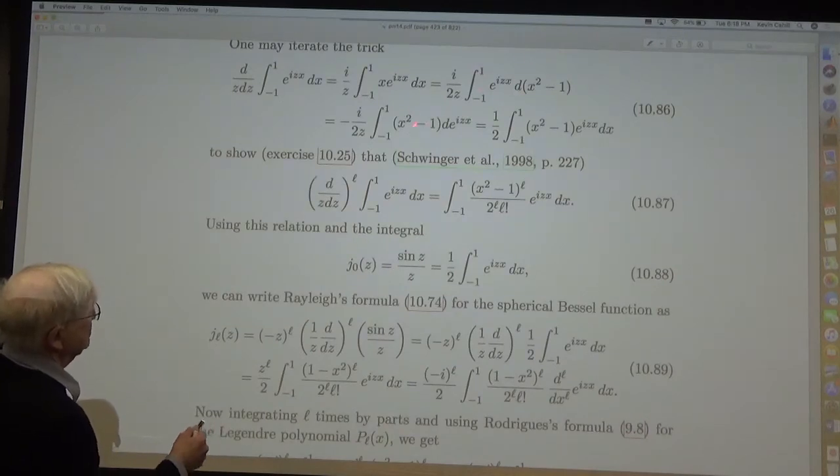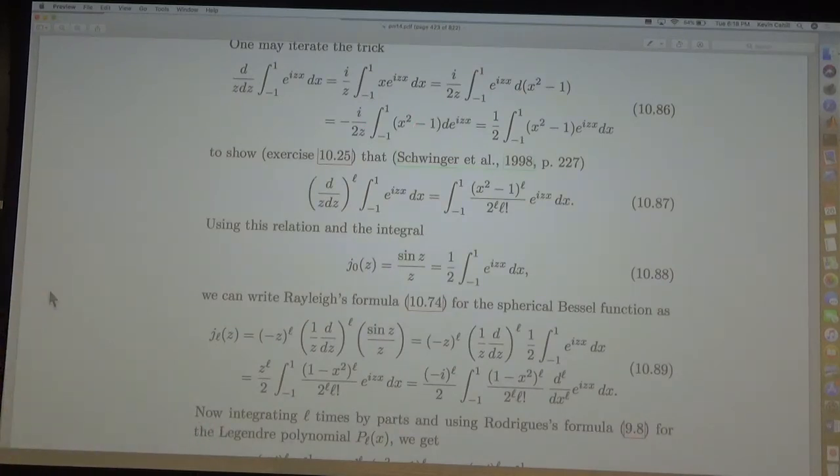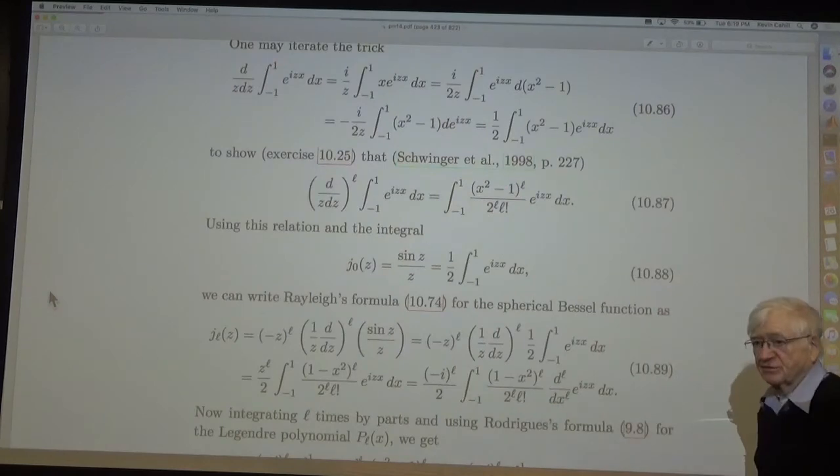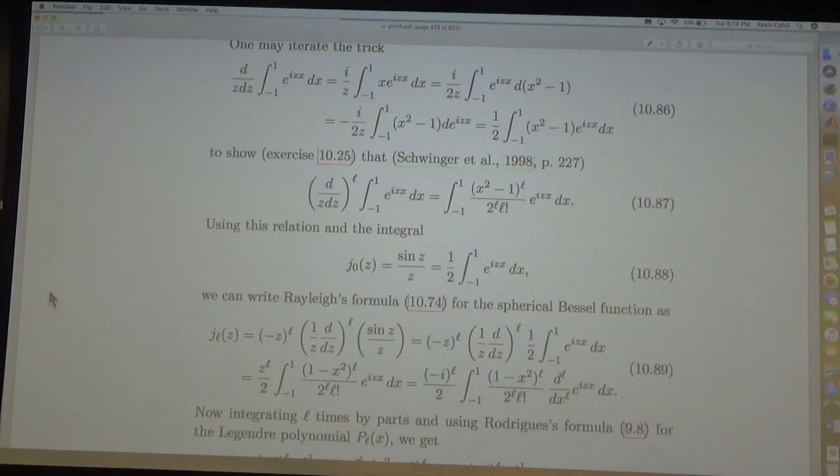And then you can integrate by parts because x squared minus 1 vanishes at the endpoints of this interval. And so you have the differential of e to the i z x, and that cancels the z and the i, the minus i's, and you get this. So the net thing is this is equal to that, and you can then do it L times and you get this expression. Now on the right-hand side, that should sort of remind you of Rodrigues' expression for the Legendre polynomials.